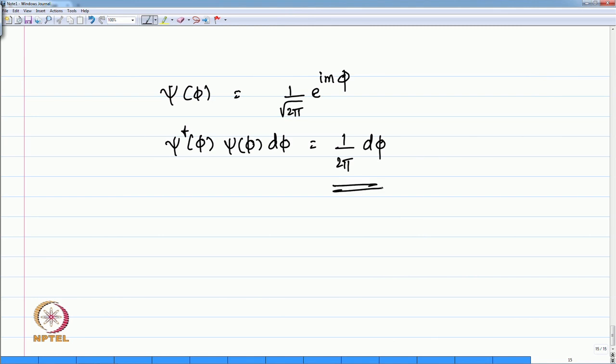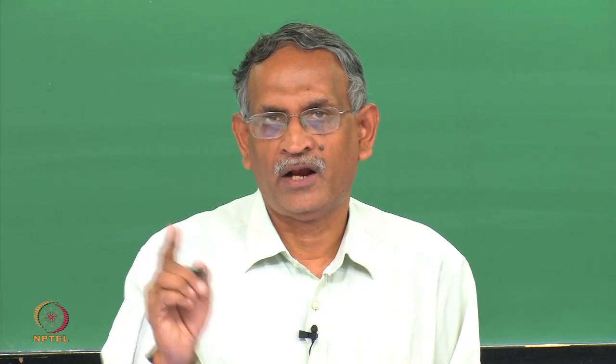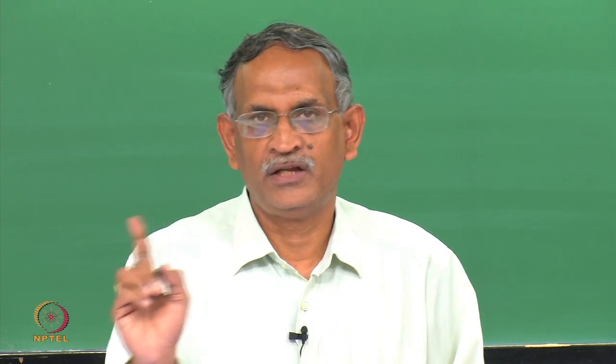Therefore, you see that the probability is proportional to the part of the ring, the length of the arc in a ring that we look at.